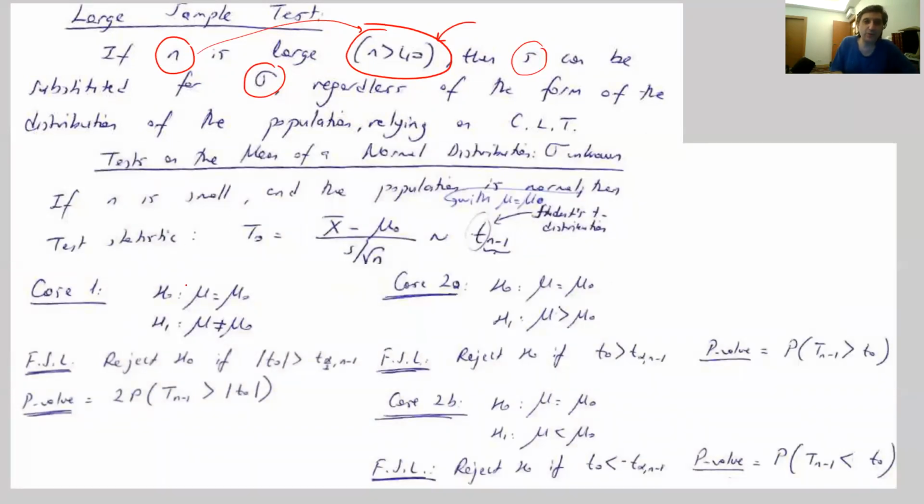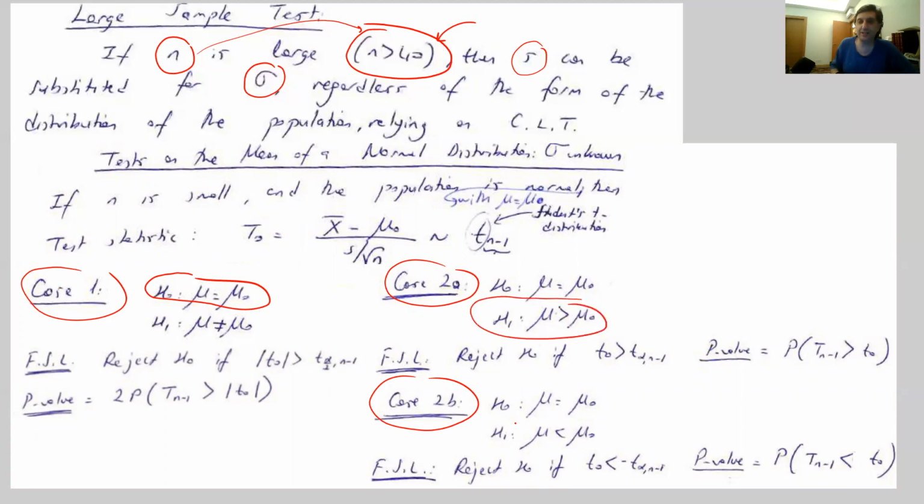Let's assume that we have a null hypothesis in this form. Actually, we are going to be talking about three cases again: case 1, case 2a, and case 2b, where 2a and 2b have alternative hypotheses consisting of one-sided inequalities, and case 1 will consist of a two-sided inequality. But the null hypothesis is the same in all of these cases.